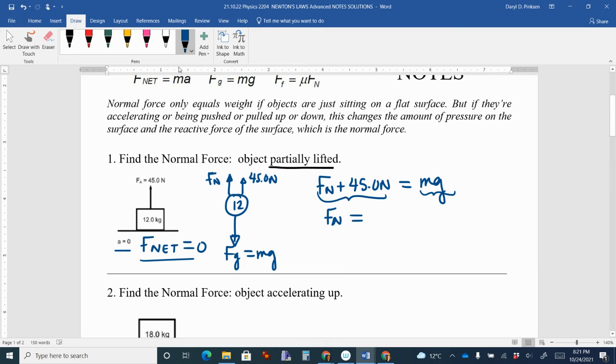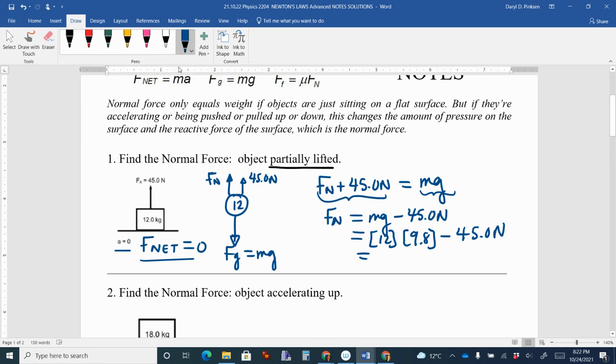So here the normal force will equal the mg minus 45 newtons because the 45 newtons is taking pressure off the surface. It's no longer feeling the full weight of the object, which is 12 times 9.8. It is being relieved by that much. So quick calculation here.